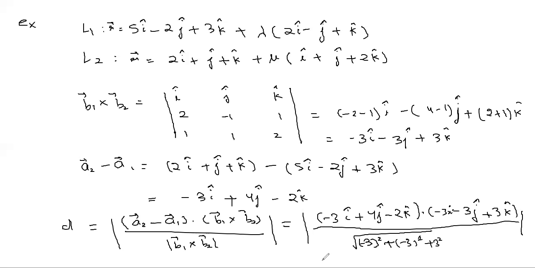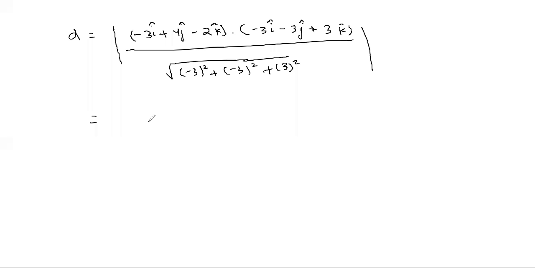The value comes out to be 9 minus 12 minus 6, divided by the root of 9 plus 9 plus 9, and we have to find the absolute value.